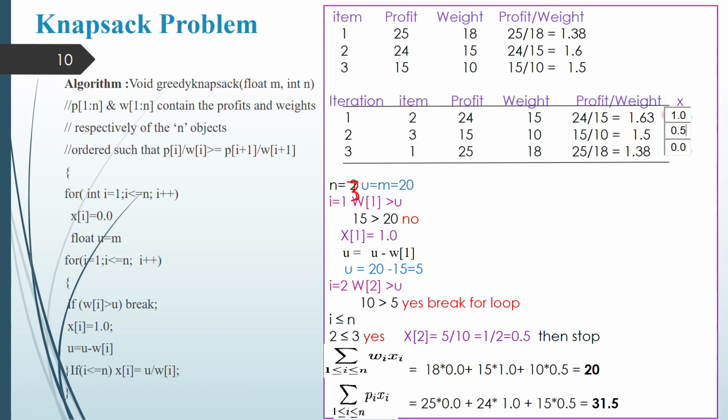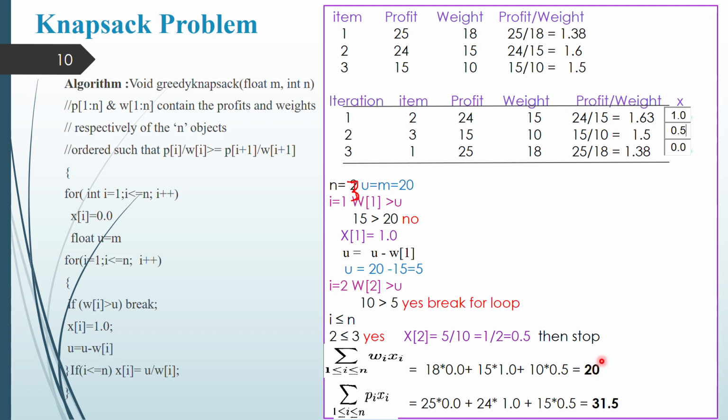This is your 15 and what is the Xi value? 1. 15 into 1.0 plus 10. 10 where it is? 10. And what is the X value here? 0.5. 10 into 0.5 that is equal to 20 here. If you want to calculate, you calculate. You will get the value as 20. If you get 20, then what is the meaning of this?